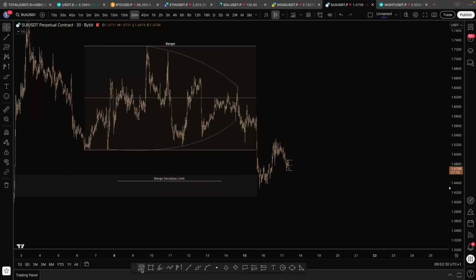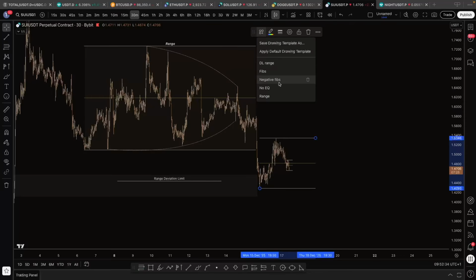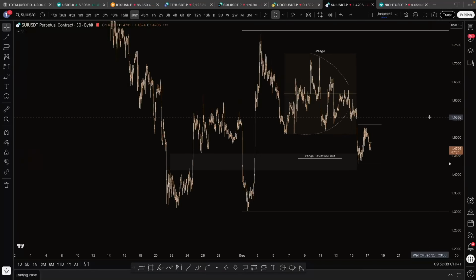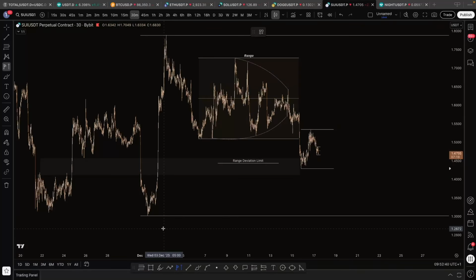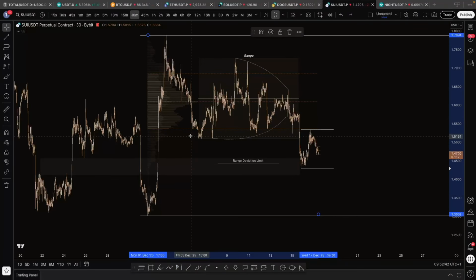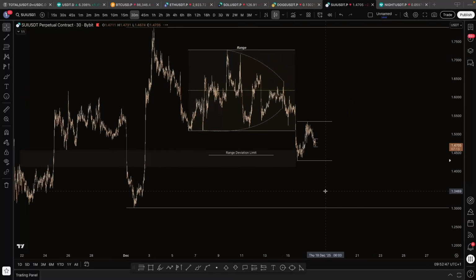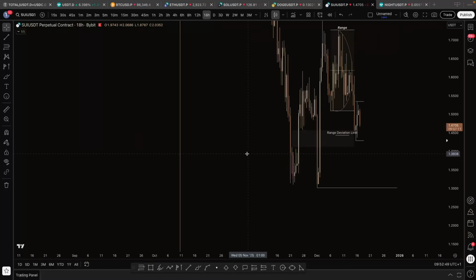So that's what I'm watching. And I like that we left those highs above and we are in this bigger range, with all the volume obviously in the upper section.